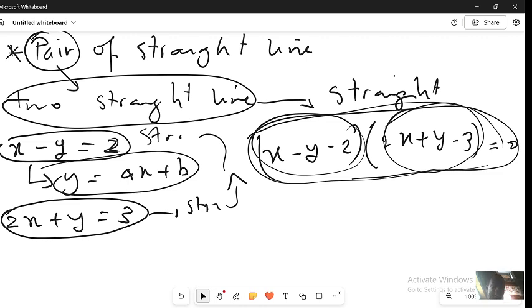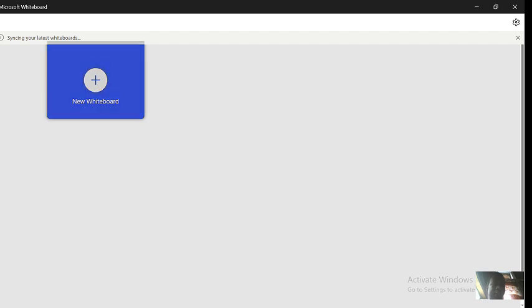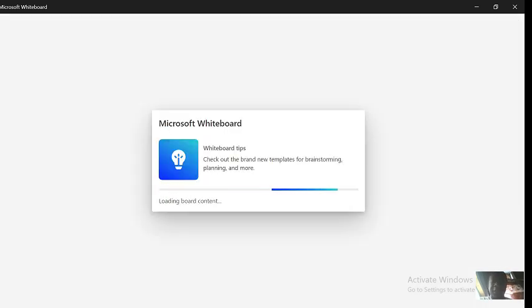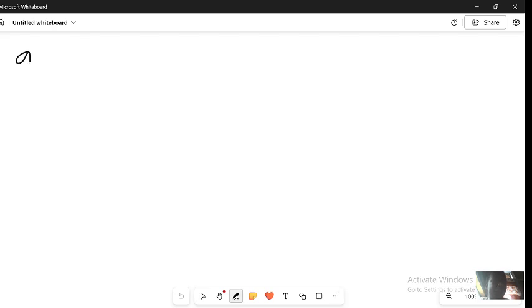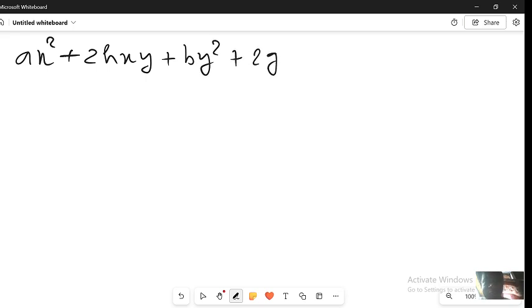Now from the general equation, as we saw in the previous video, let's say we have ax square plus 2hxy plus by square plus 2gx plus 2fy plus c equal 0.